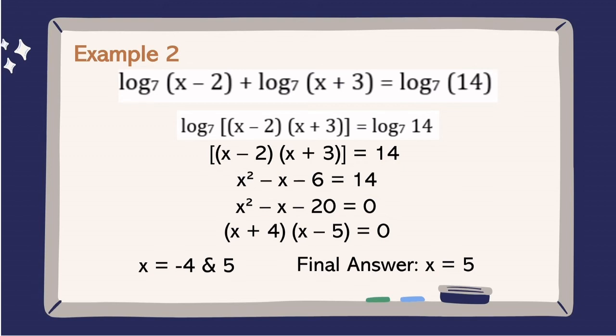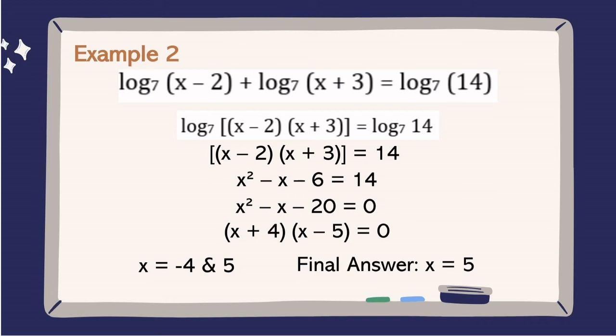Same base, so we drop the logarithms and it becomes (x minus 2)(x plus 3) equals 14. Apply the FOIL method to get x squared plus x minus 6 equals 14. When we turn it into a quadratic equation, it gives us x squared plus x minus 20 equals 0.